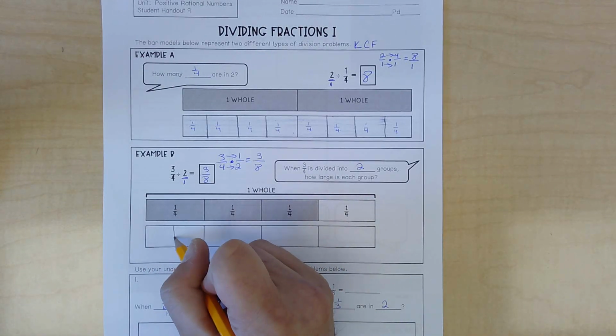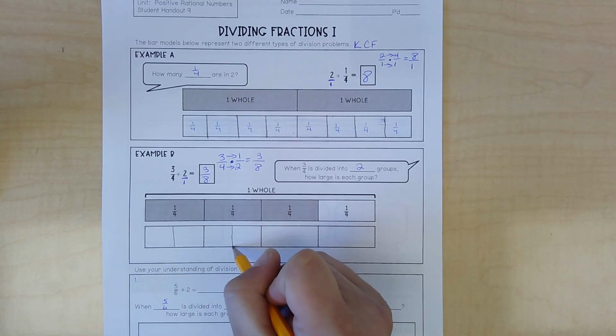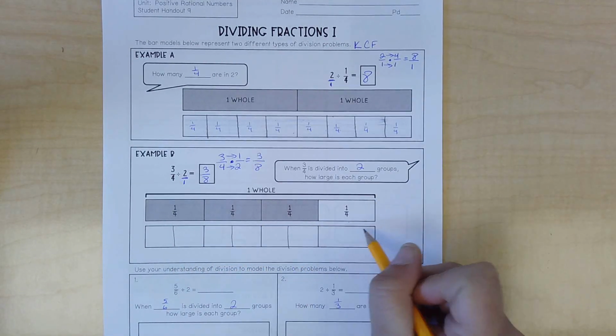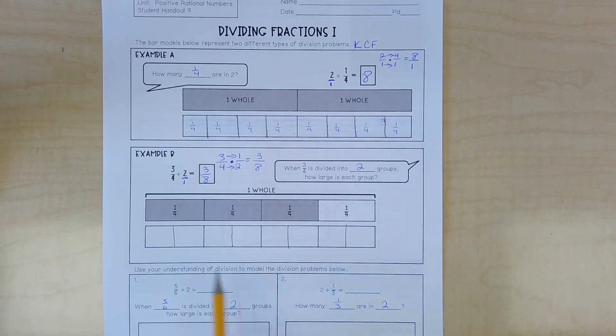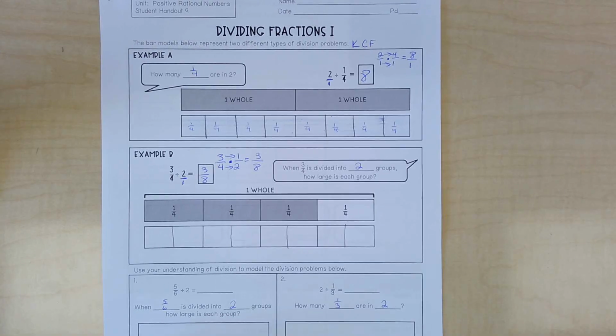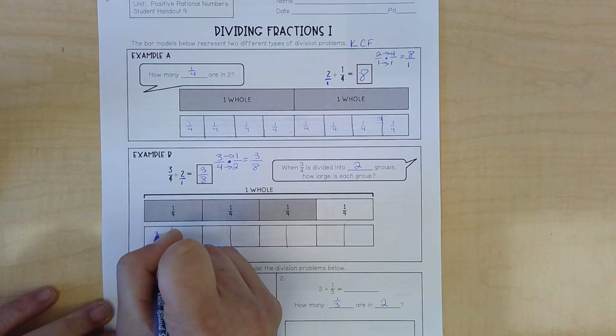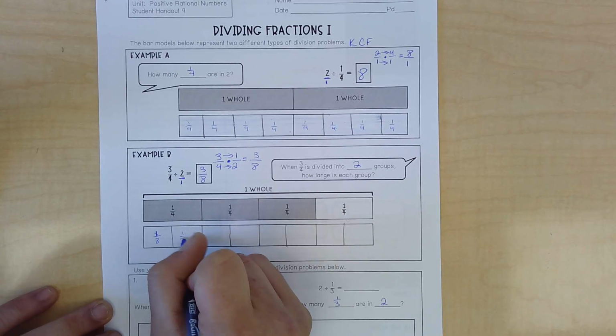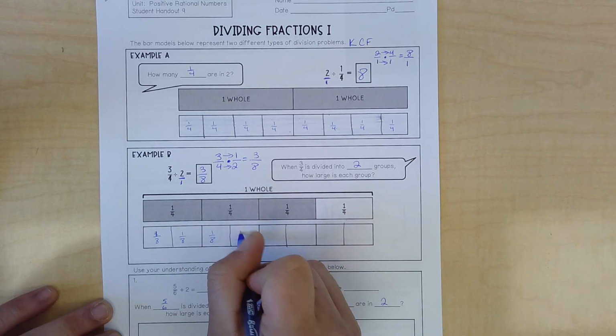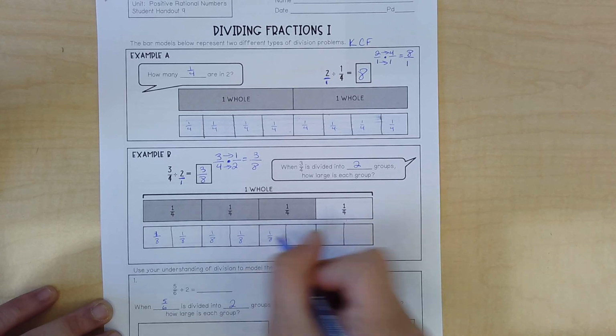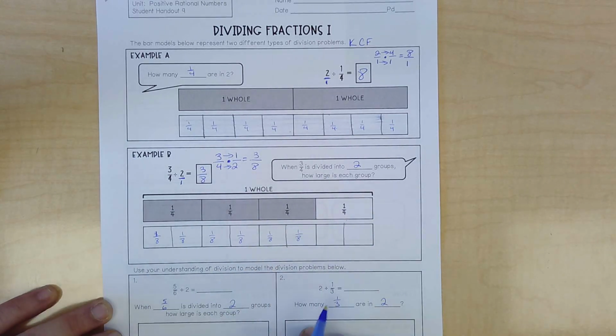And you do that by cutting each fourth in half. So now we have 1, 2, 3, 4, 5, 6, 7, 8. And I will label each one 3/8. No, 1/8, sorry. 1/8, 1/8, 1/8, 1/8, 1/8, 1/8.